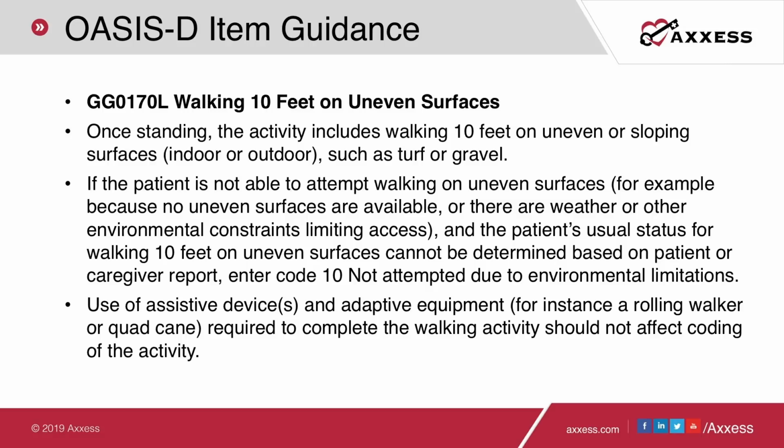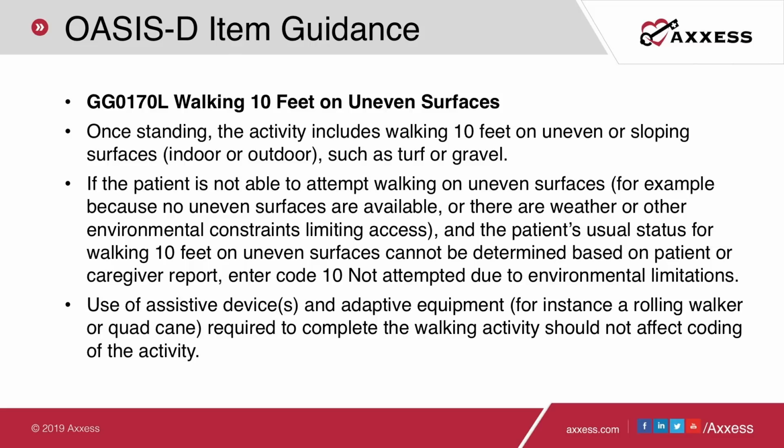Okay, next we're looking at GG0170L, walking 10 feet on uneven surfaces. This is once standing, the activity including walking 10 feet on uneven or sloping surfaces, either indoor or outdoor, such as turf or gravel.